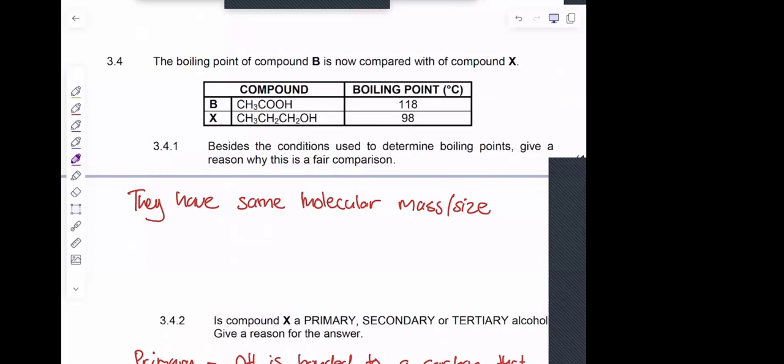It's just going to be a very slight factor. You are right, you can definitely put that in your answer as well, but the hydrogen bonding will definitely be higher. So you can see X has got more carbons, right? But B will still have a higher boiling point. B has a shorter chain length, but it has a higher boiling point just because that hydrogen bonding is way stronger than the London forces that X is going to have. So that's going to be very important as well. Okay.